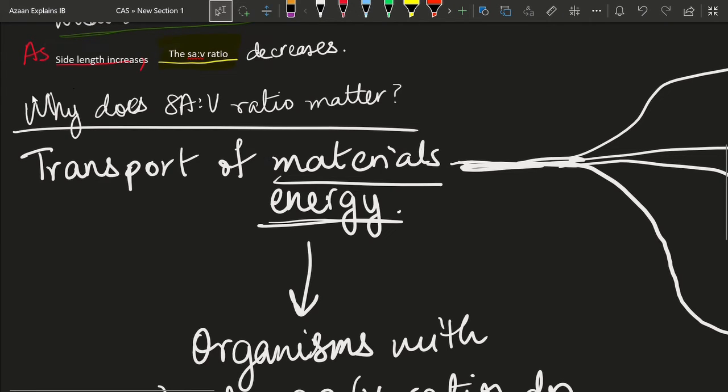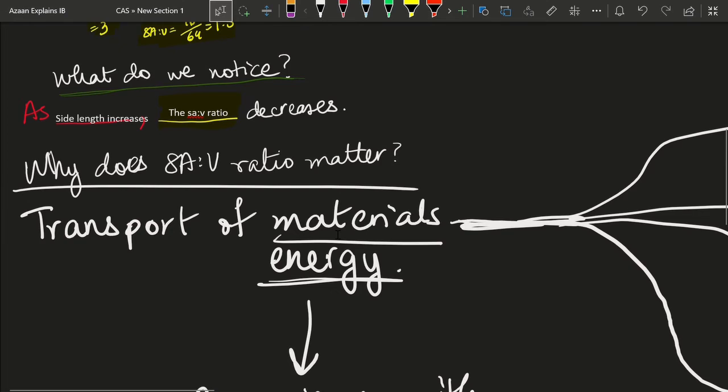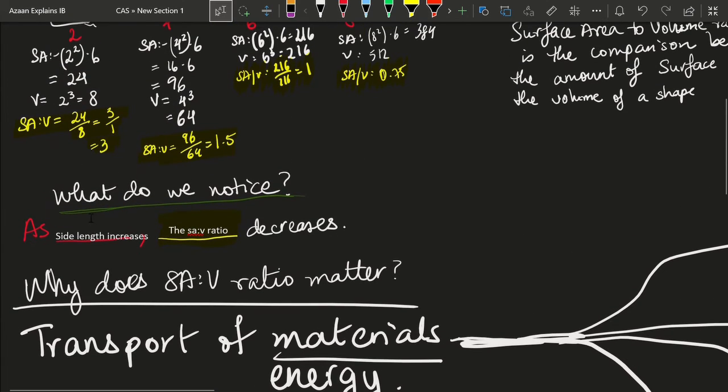However, we also need to understand why surface area to volume ratio matters, and this has to do with the biology: the way organisms' modes of transport and their transport of nutrients are affected by their size. As side length increases, which for an organism means its overall size, the surface area to volume ratio decreases.